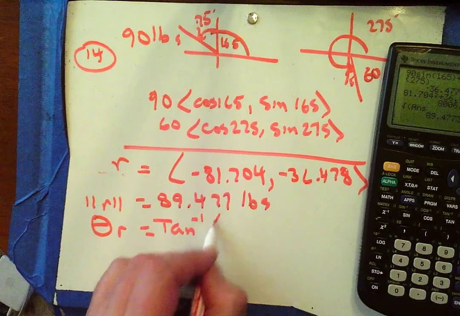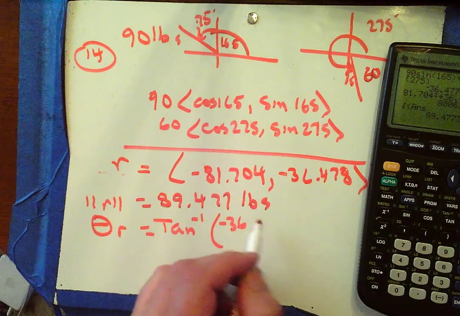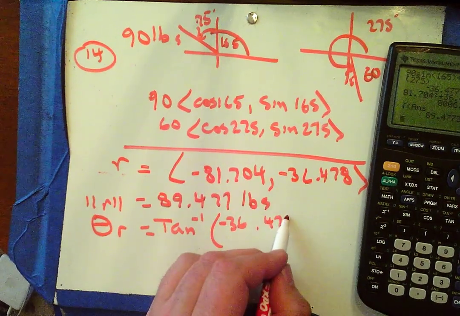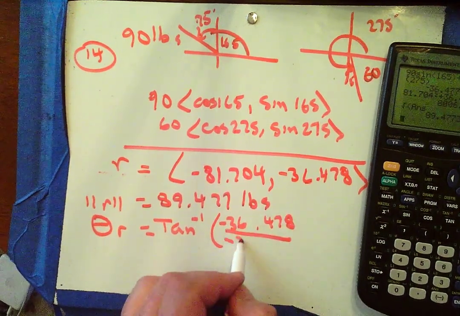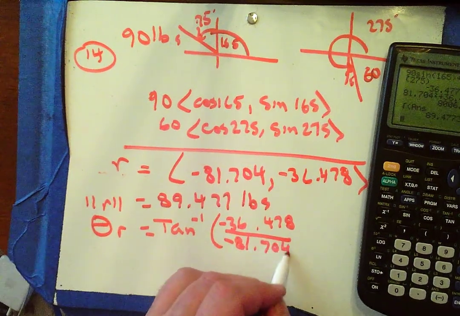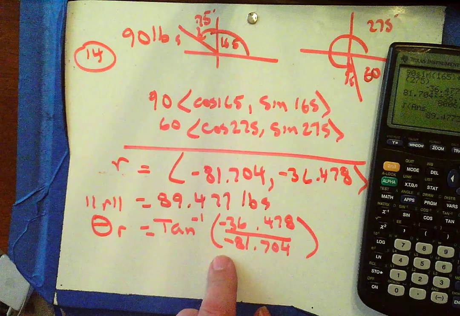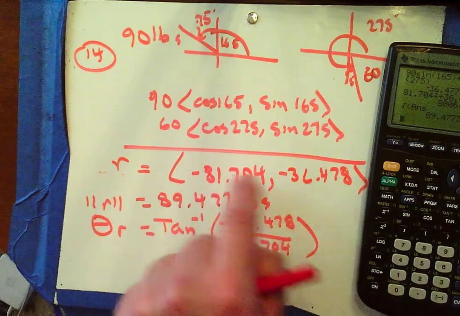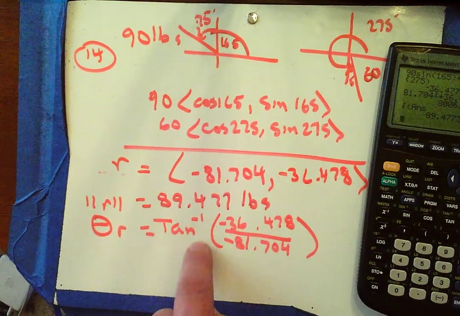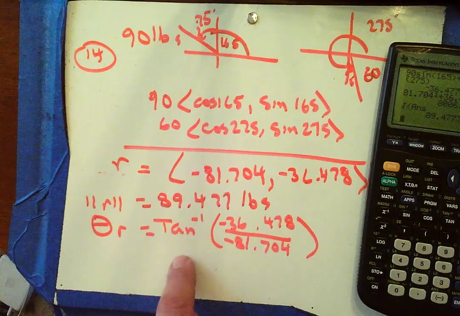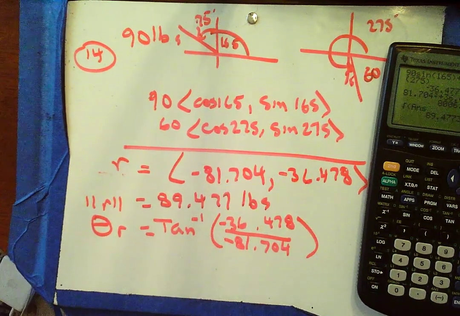That's going to be inverse tangent negative 36.478 divided by negative 81.704. Okay, now think about this for a second. We know that this is in third quadrant, so this direction angle had better be a third quadrant angle, or I should probably think about adding 180 to it.